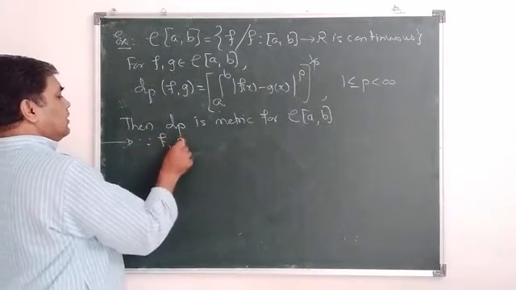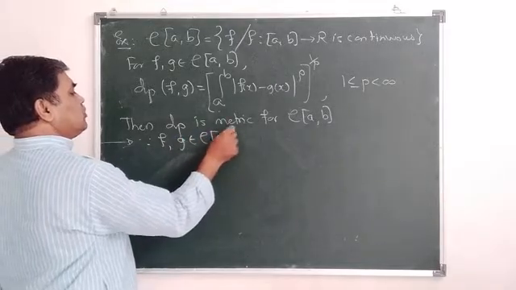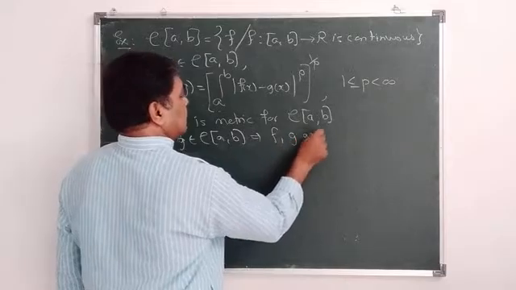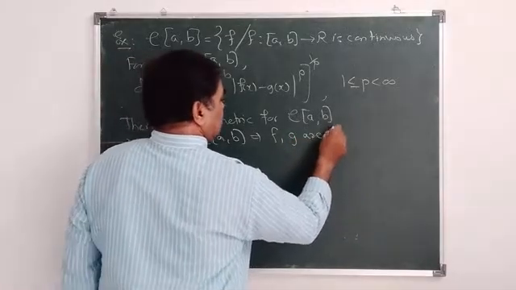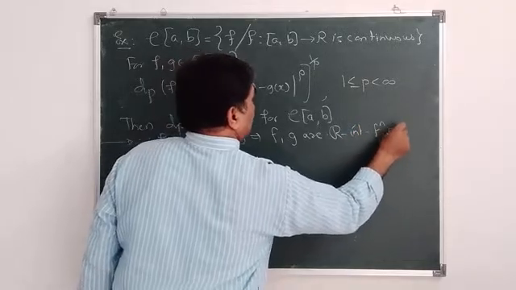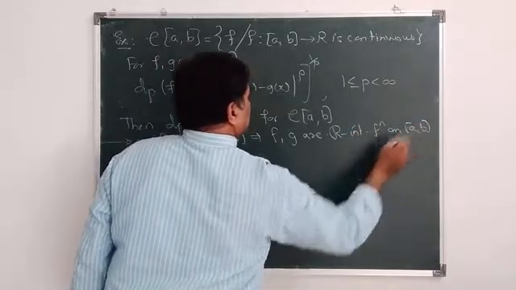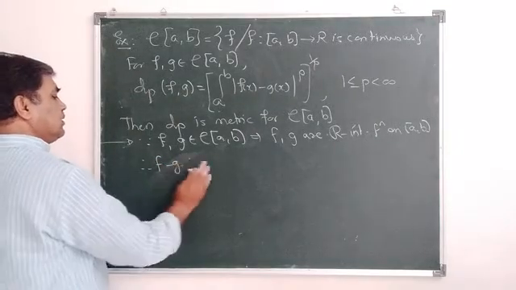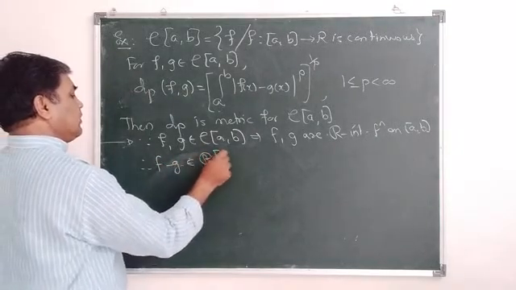Since f, g belongs to the class of continuous functions on AB, implies f, g are Riemann integrable functions on AB, and therefore f minus g belongs to the class of Riemann integrable functions on AB.